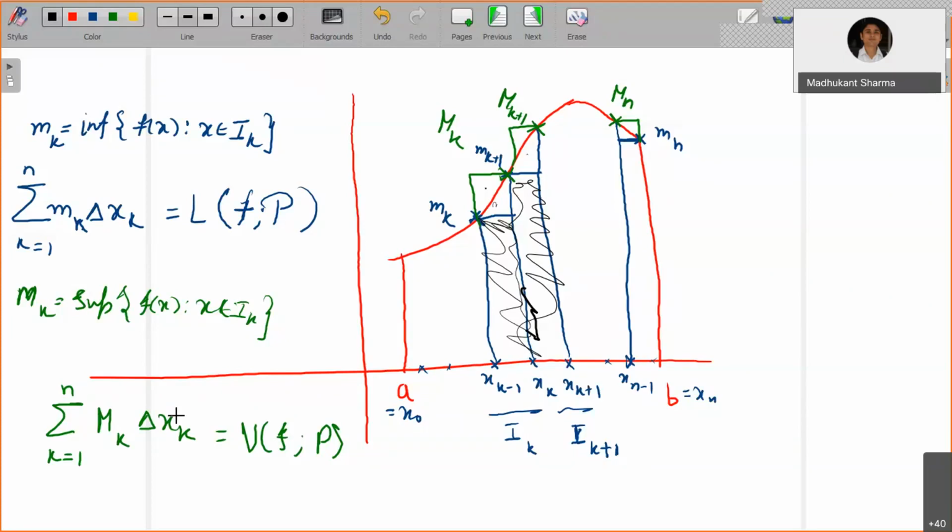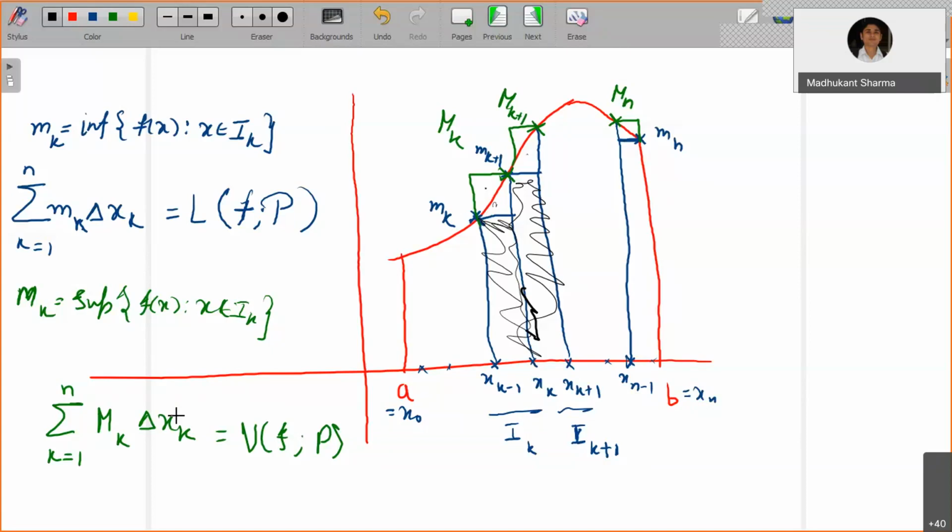If you are aware of the Dirichlet function, which we have also seen in the tutorial on continuity and differentiability, it is 1 for rational numbers and 0 for irrational numbers.